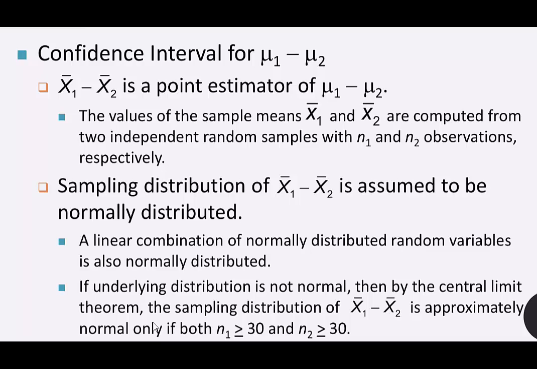Now, remember that x bar 1 minus x bar 2 is the point estimator that we use for mu1 minus mu2, and that's because we're using samples. We're never going to have the entire population of mu1 or mu2. So we use x bar 1 minus x bar 2, just like we always have, to signify that we have a sample.